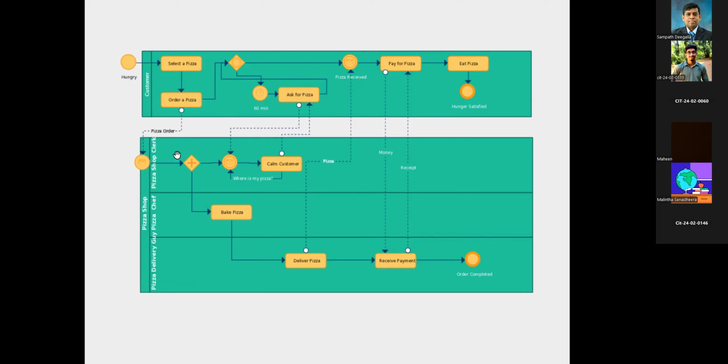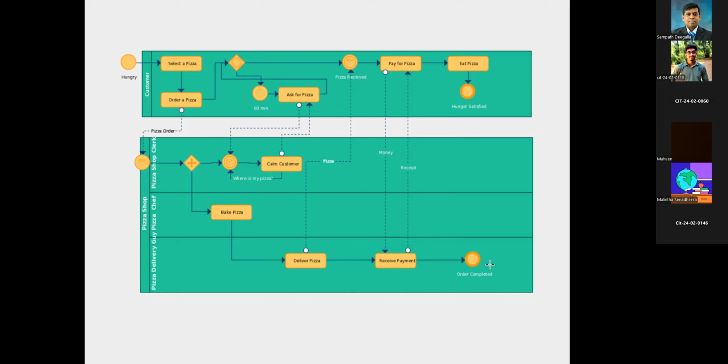The second one is you ask for a pizza, and then you are going to understand different values. For example, we have baked pizza, which you then deliver. You can notice that we have a pizza shop, pizza chef, and pizza delivery.